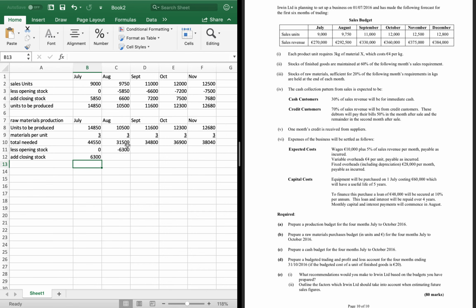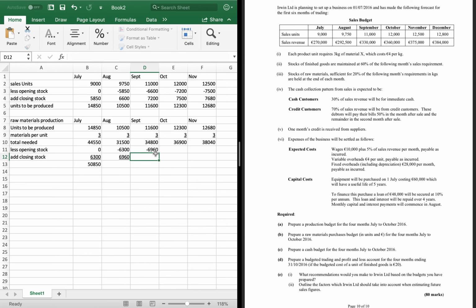Now I'll just find my final answer here for this one. Okay, so 6,300 for August. It's going to be 20% of 34,800, which is 6,960, which will bring up here.